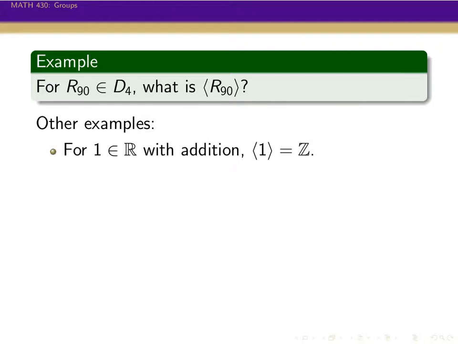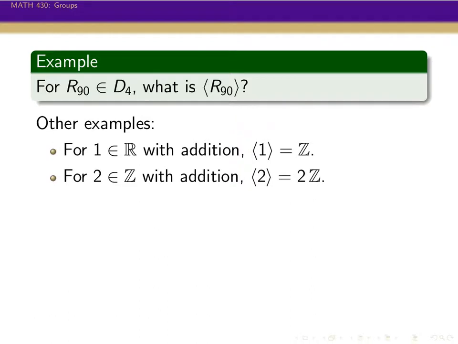But also it would have its inverse, and so it would have -1. And then if we start adding -1 to itself over and over again, we get -1, -2, -3, etc. So what do we end up with, all these possible ways of using 1? Well, we get the integers out of it. So the subgroup generated by 1 is the integers.